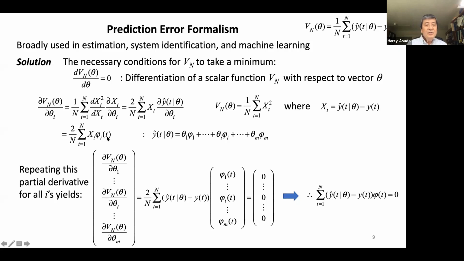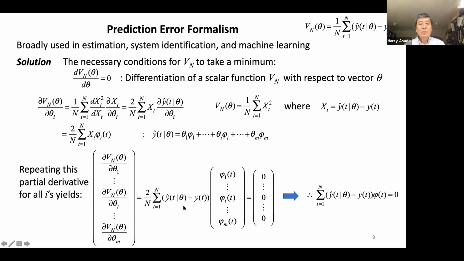Simple. So the result, partial V_n over partial theta_i, we put back X_t right here: y hat minus y times phi_i(t), right? Now, if i is 1, partial V_n over partial theta_1, this remains the same, and we should get phi_1. If i equals m, we should get phi_m at this point.